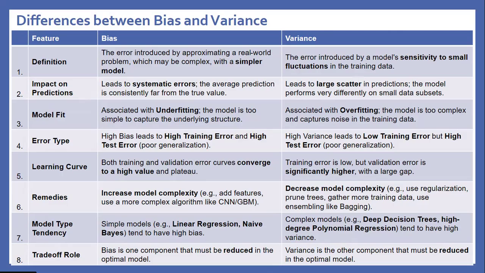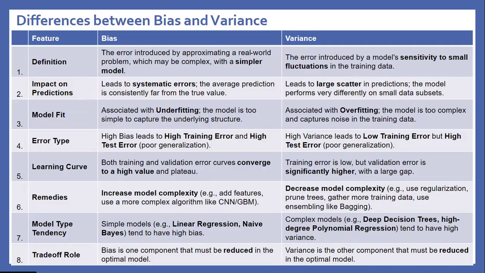Learning curve: for bias, both training and validation error curves converge to a high value and plateau. Variance: training error is low but validation error is significantly higher, with a large gap.